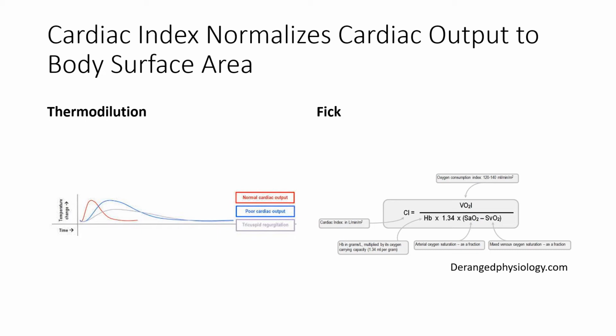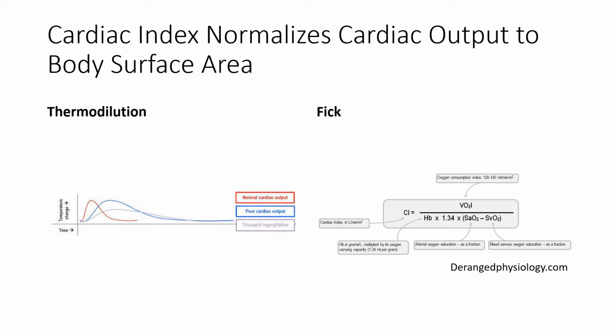This is something that is measured by the oxygen consumption. It's a modification of Ohm's law, and you can see it's the oxygen consumption in the numerator divided by the hemoglobin multiplied by the constant 1.34, and the difference between the arterial oxygen saturation and the venous oxygen saturation. Now, one rough estimate that one can use is that at the top, the oxygen consumption index is 120 to 140.